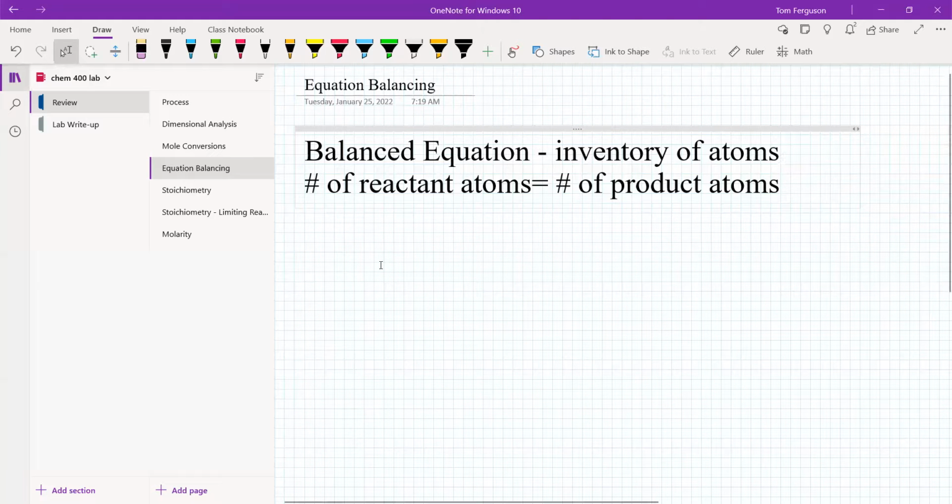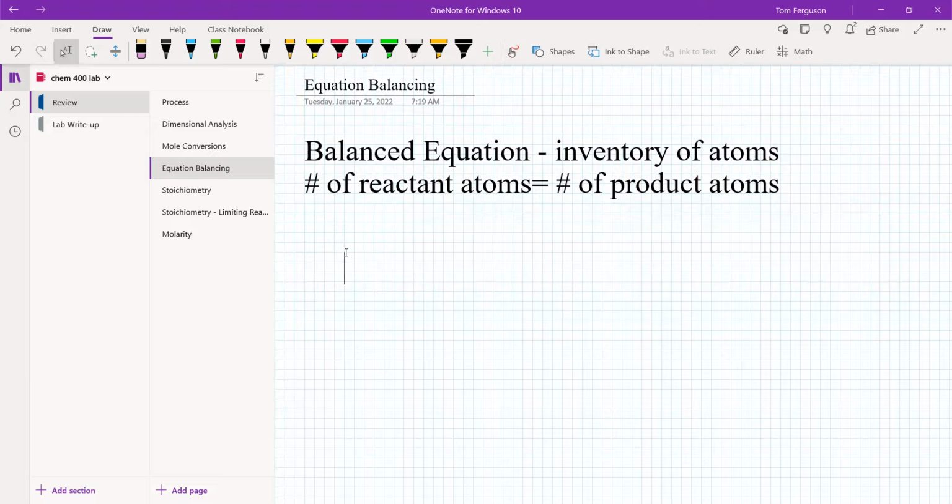Okay, so let's look at a typical chemical equation. So let's take methane. Methane is CH4. And we're going to burn that in oxygen gas.